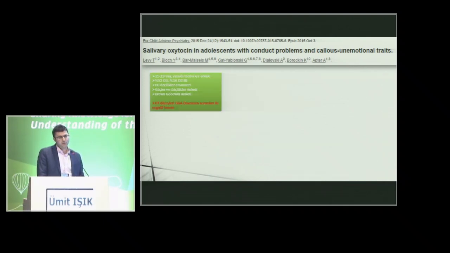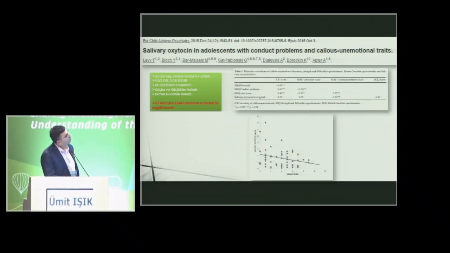This trial is salivary oxytocin in adolescents with conduct problems and callous emotional traits. Bragg-Woodwing survey was applied. Oxytocin and saliva levels with the behavioral disorder scores, there's negative correlation. Graph is not very clear, but the higher the score is, the less the salivary oxytocin level is.